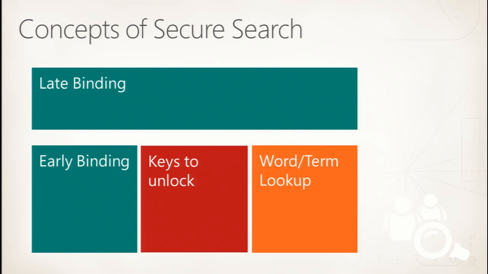So what is early binding? Some of you might have experience from the old FAST product ESP. That was a known concept back then, but it's new for SharePoint search. Early binding is a concept that allows us to give the user the keys the user needs to unlock the content in the index that comes from the external source, and doing that before we actually ask the index to return that content.